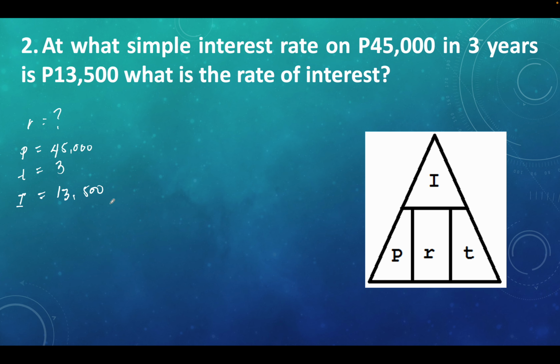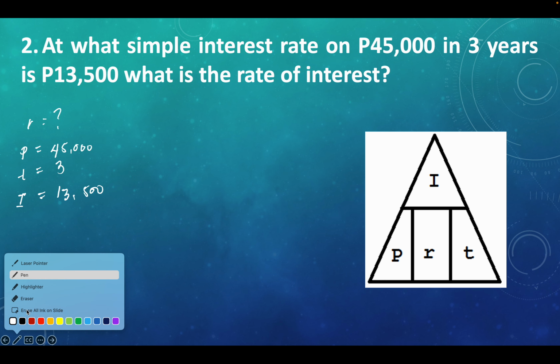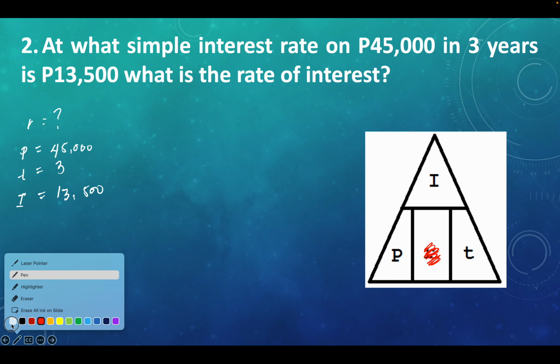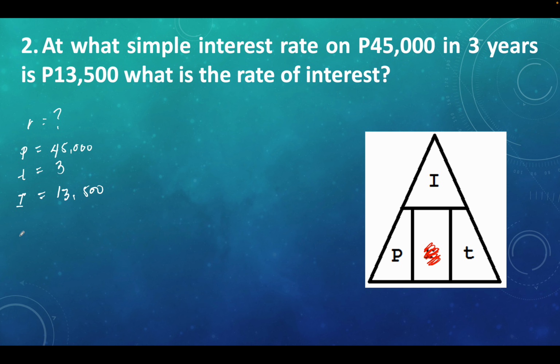Okay? So, sabi natin dun sa formula, para makuha siya, close lang natin yung hinahanap natin. So, close natin sa rate dito. Yung matitira natin is rate is equals to the interest all over the principal times the time.